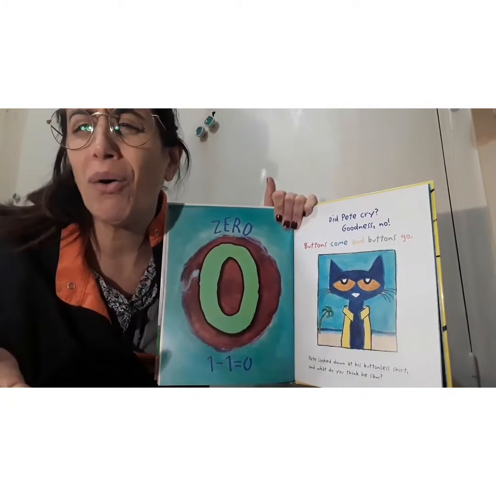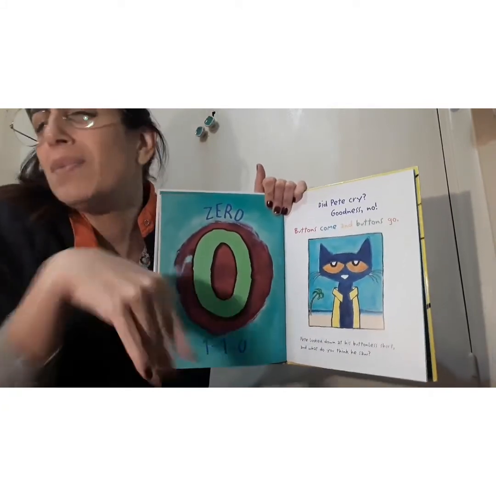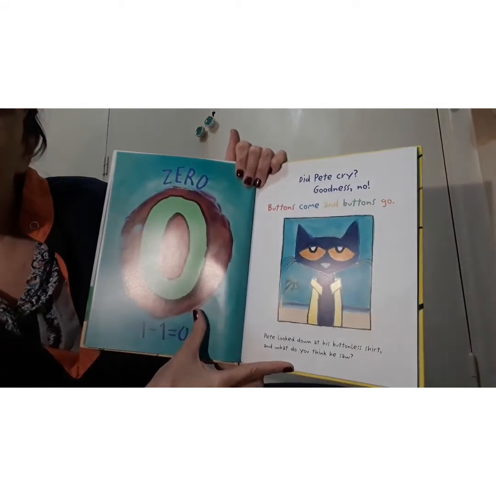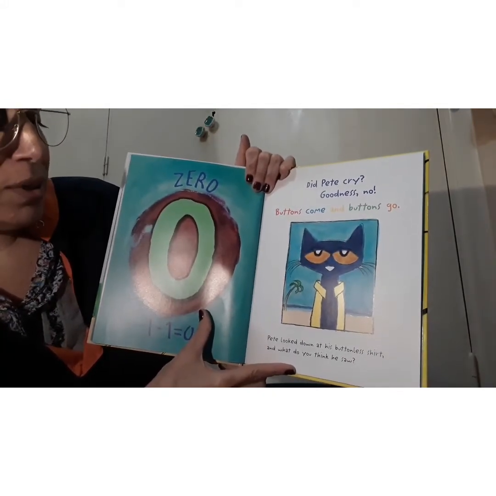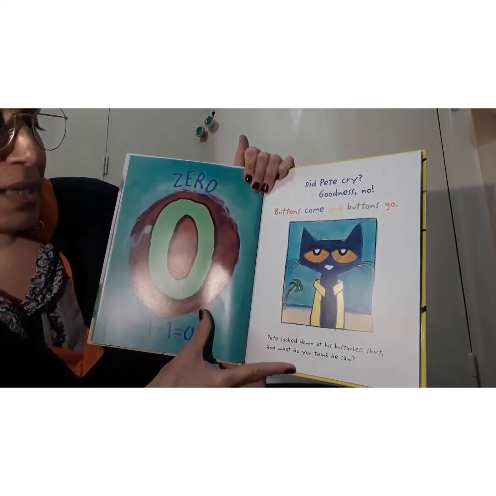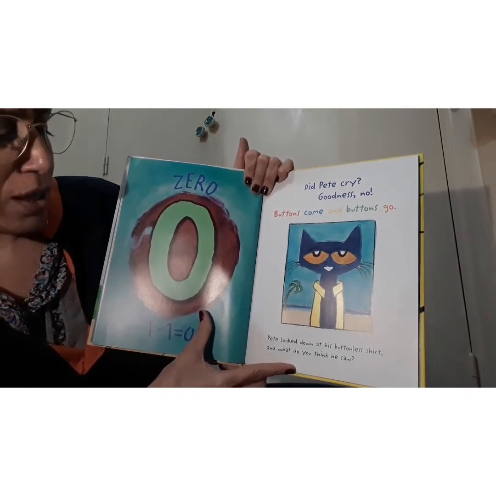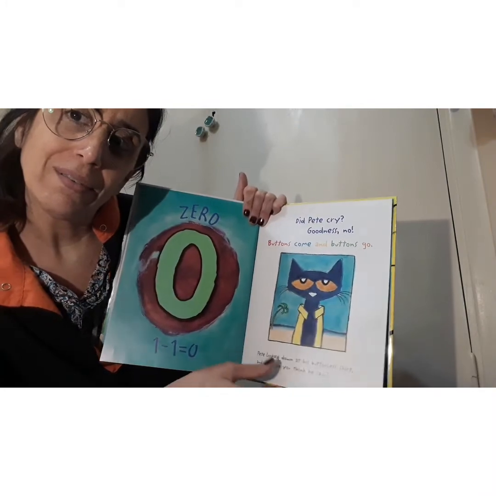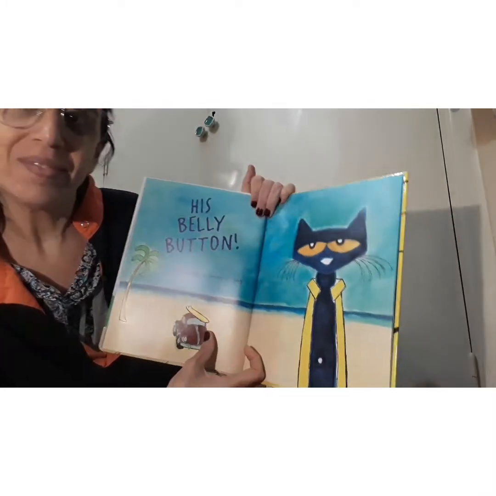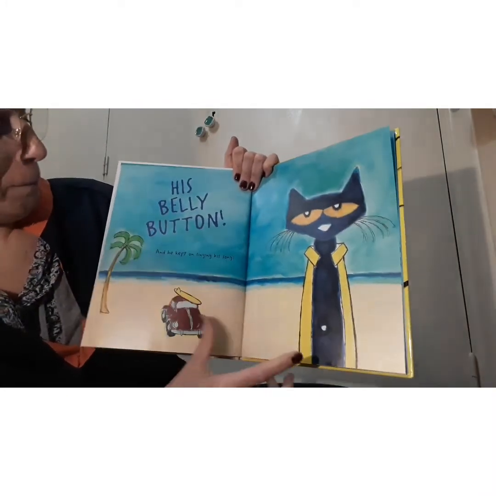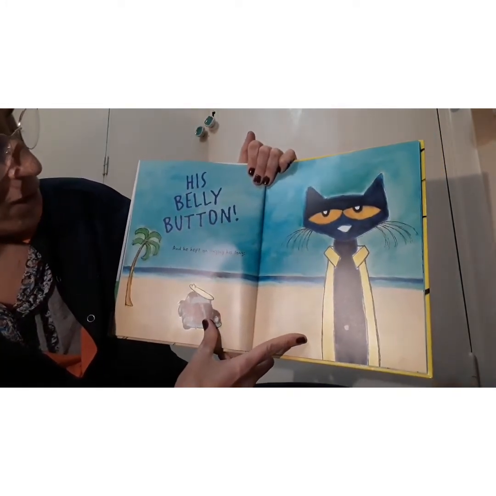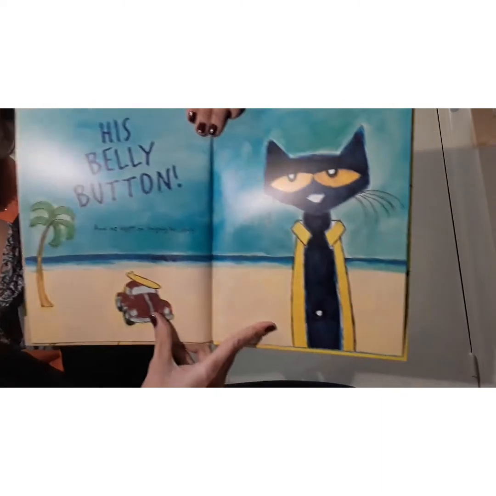Goodness, no. Buttons come and buttons go. Pete looked down at his buttonless shirt, and what do you think he saw? His belly button! And he kept on singing his song.